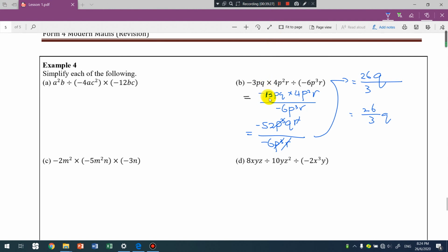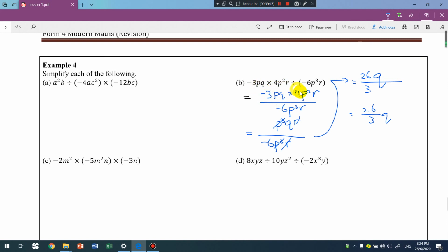I'm sorry, I made a mistake here. This is negative 3, not negative 13. Okay, let me do it again. So here, so this is negative 3.